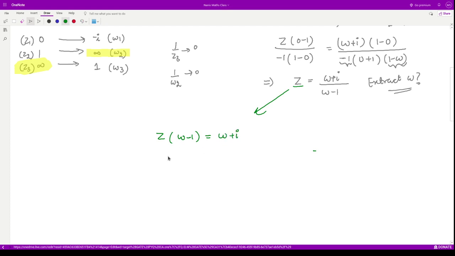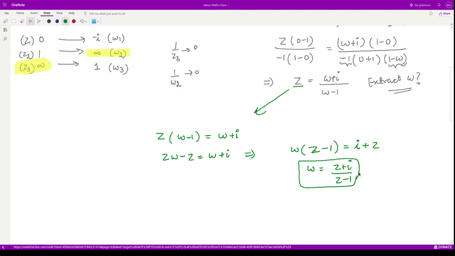Now we can collect the terms corresponding to w. We would have w into z minus 1, and on the right hand side we would have iota plus z. So w would simply be z plus iota divided by z minus 1. So this is our final answer.